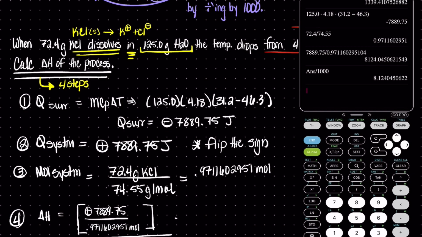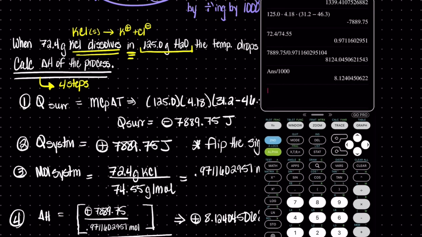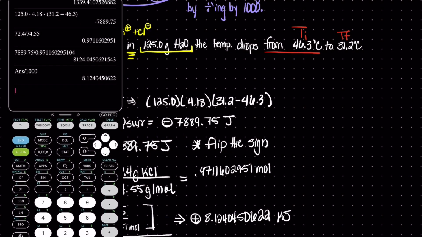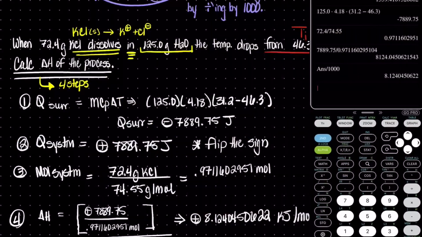So your final answer for your delta H, remember delta H has 4 parts to its answer, I have a positive 8.124 kilojoules per mole reaction. It's a positive delta H, so I know that to be endothermic.